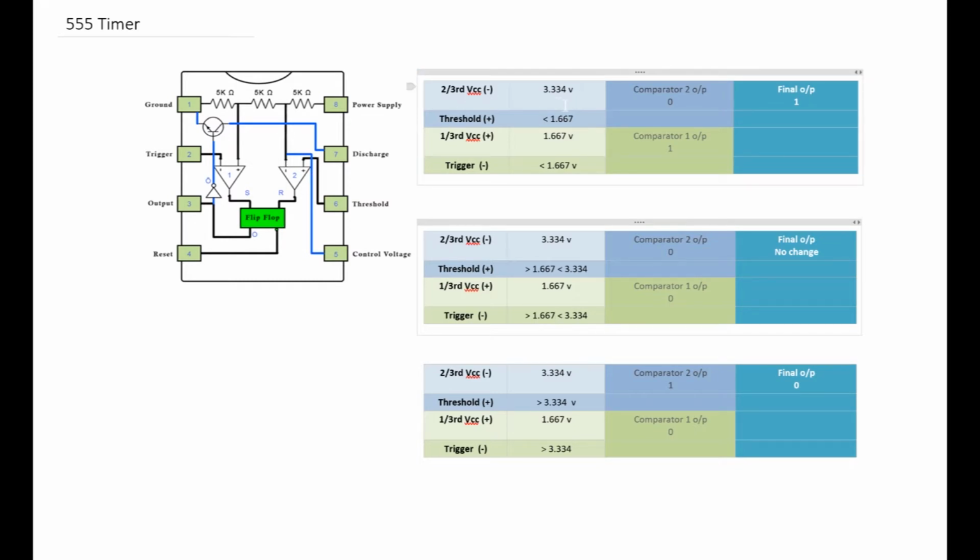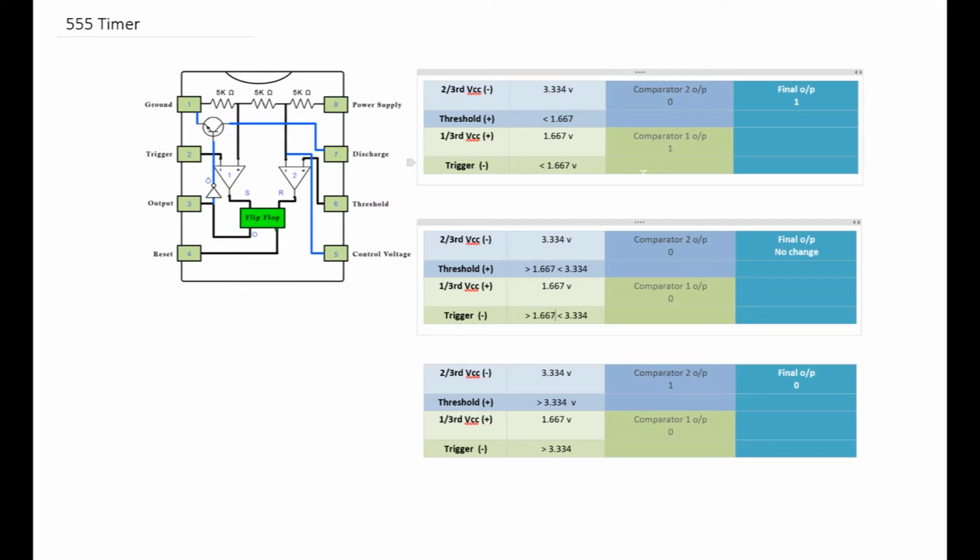The 2/3 VCC, which is 3.334 volts, is on the inverting terminal, and the threshold voltage, being less than 1.667 volts, is on the non-inverting terminal. Because the comparator is comparing a lower voltage on the non-inverting terminal, the output comes out to be 0, which is the reset for the flip-flop.